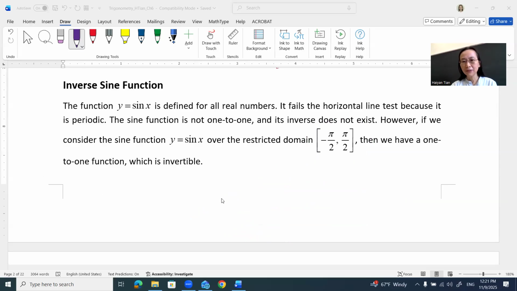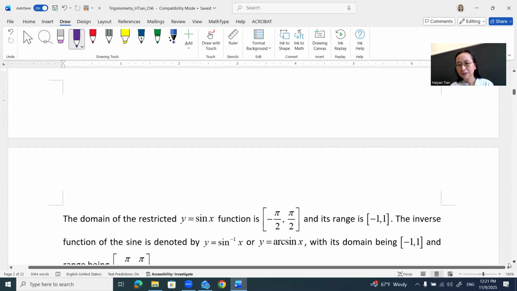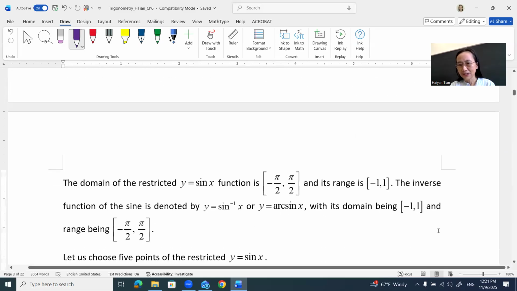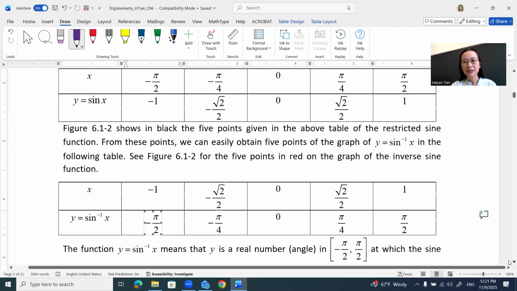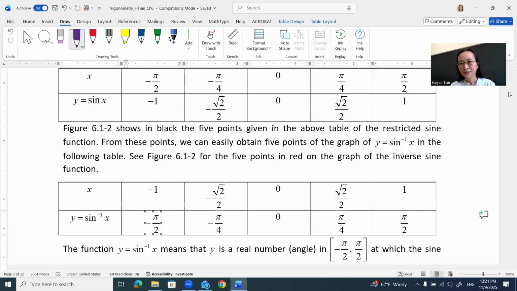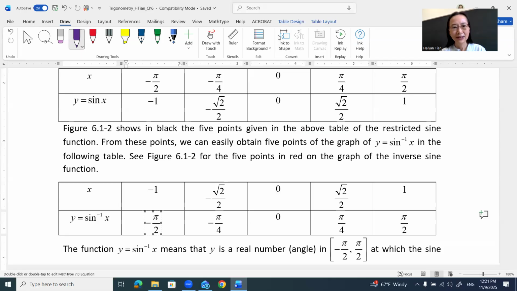In order to give a better sketch of the inverse function, we're going to give 5 points of the sine function and then find the reversed pairs. Here, the sine function from negative half of pi to positive half of pi: at negative half of pi, the sine is -1.